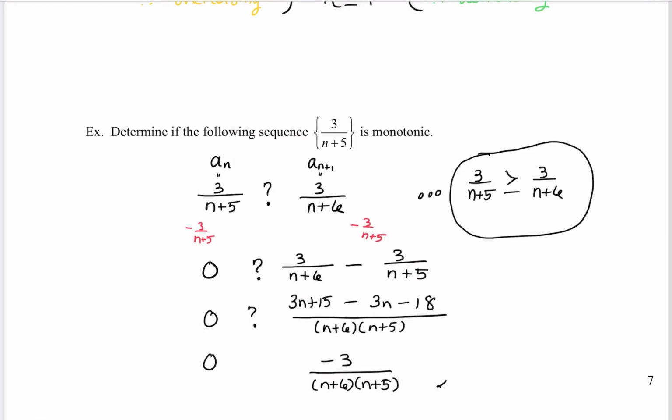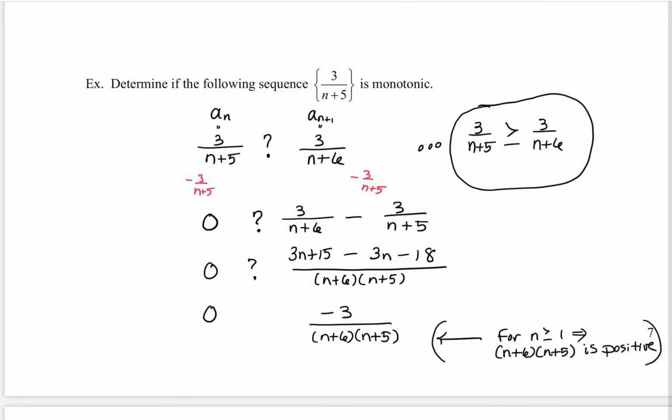Now remember, for all n greater than or equal to 1, it is certainly true that the n plus 6 and the n plus 5, that denominator is positive. So that denominator is positive. And so I have a negative numerator divided by a positive value. So clearly this value is going to be negative. So this whole thing here is definitely going to be less than 0 because it's going to be negative.